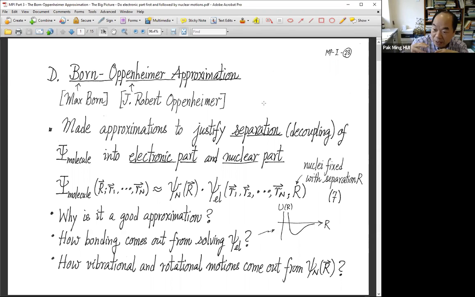We have been introducing approximations here and there, apart from the perturbation theory and the variational method at the very beginning. So this is another very nice, physically insightful approximation, under the name of Max Born and Robert Oppenheimer.